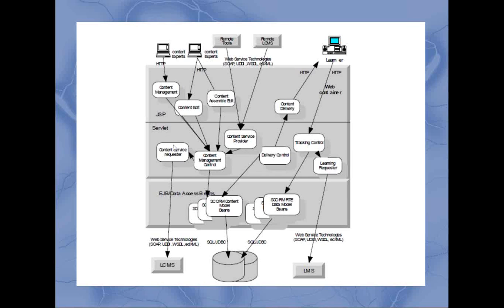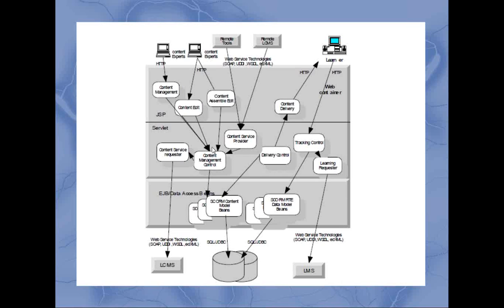So the servlet layer here decides which content should go to whom. It also sorts the service requests so that not all services are provided to all users. They can certainly request services, but not every service is provided to every kind of user.